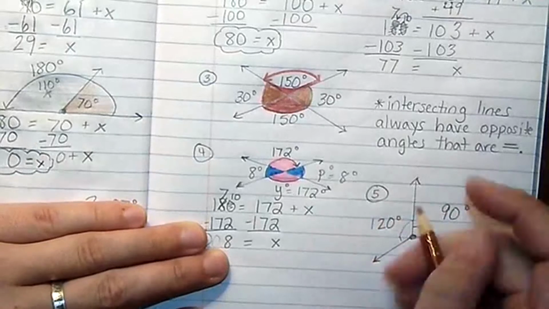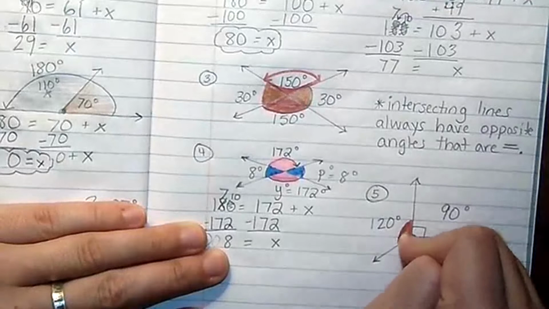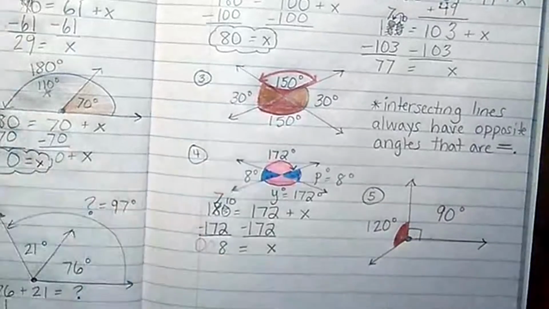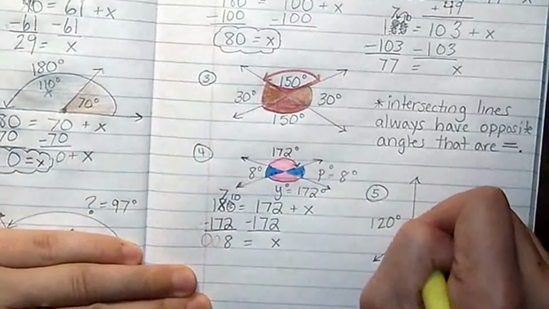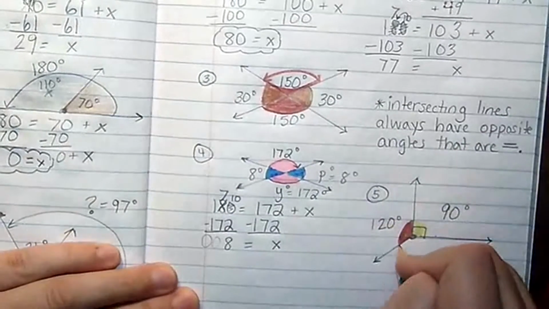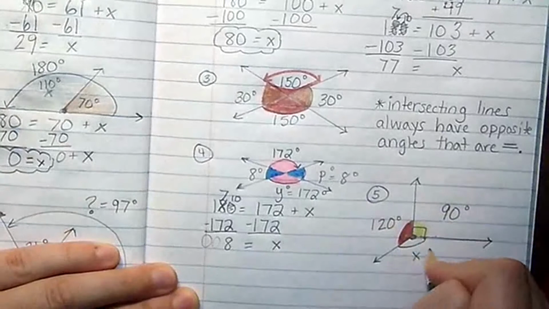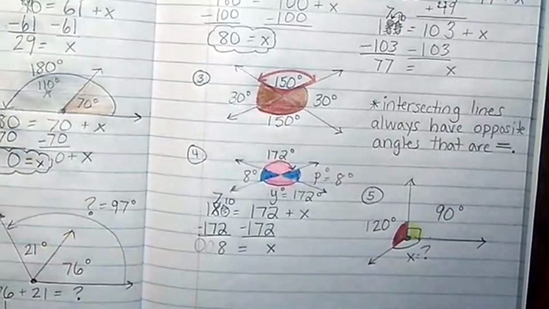So that's this opening right here. It's a pretty big angle, isn't it? This side is 120. This side is 90. My question is, what is x? It's this angle down here.